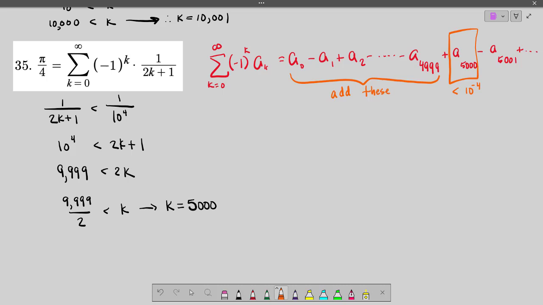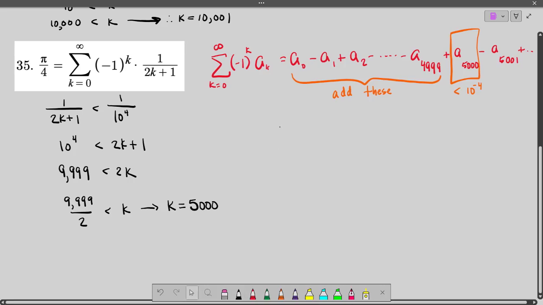Okay? So now we have to ask ourselves, how many terms is that? 5,000. And that's 5,000 because we started at 0. So if we started at 1, that would be 4,999 terms, but because we started at 0, we have to pop an extra term on there. So we are going to add the first 5,000 terms.